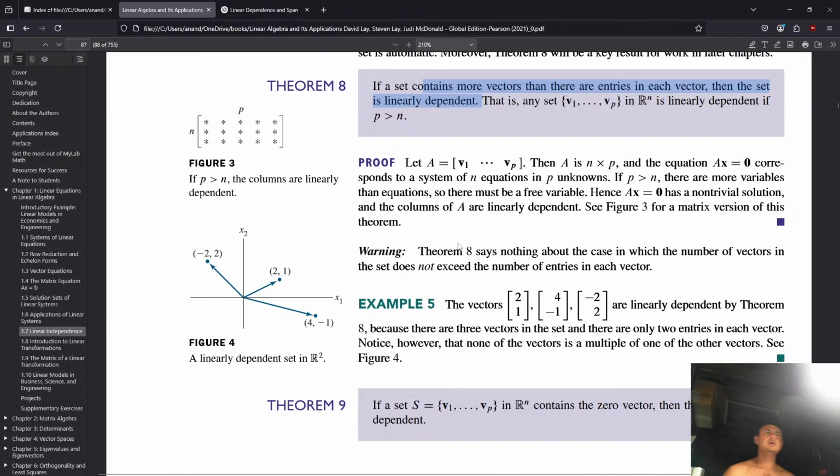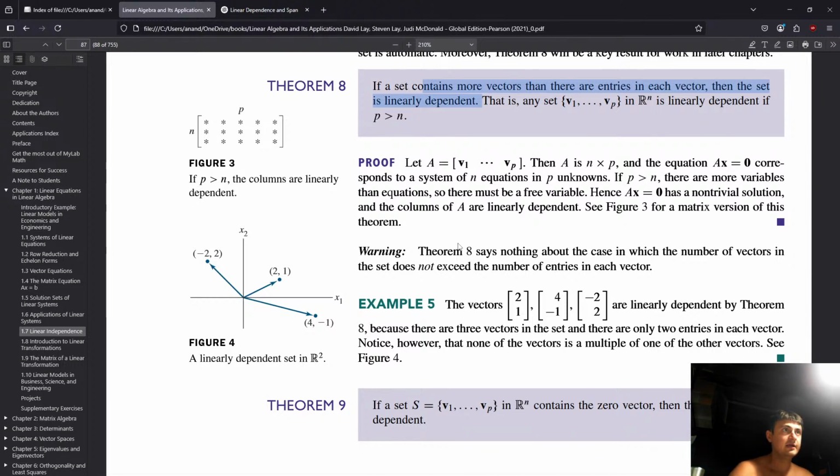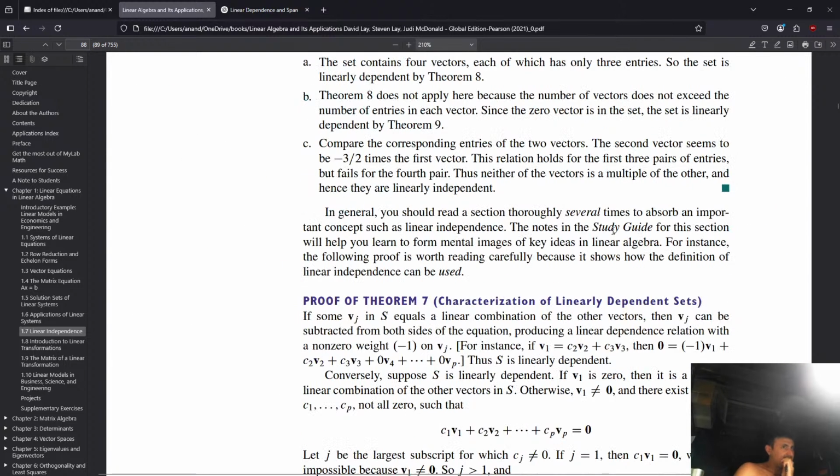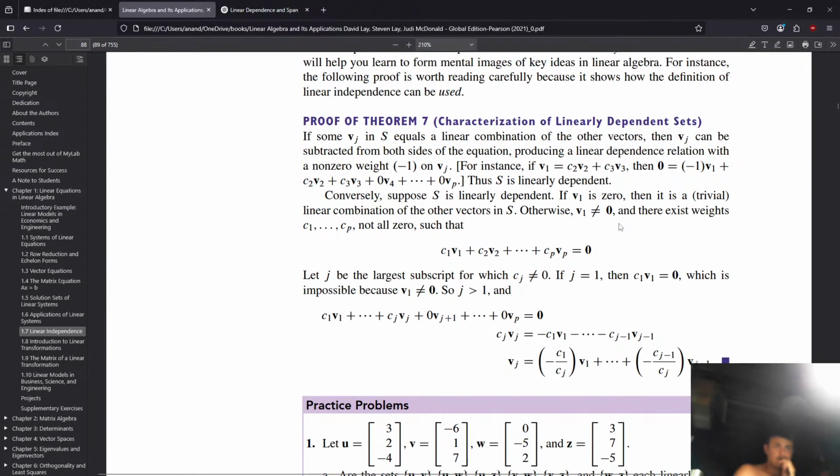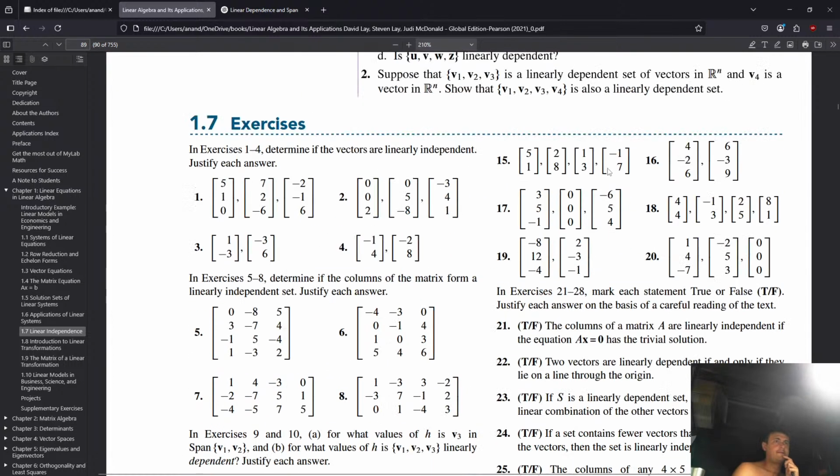But this is actually not quite the same thing. If a set is linearly dependent, it's not an if and only if. Okay.